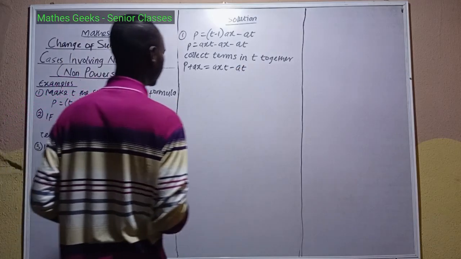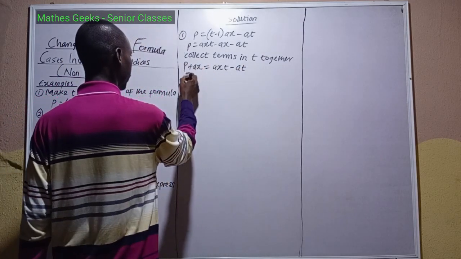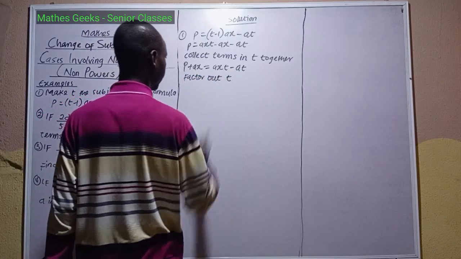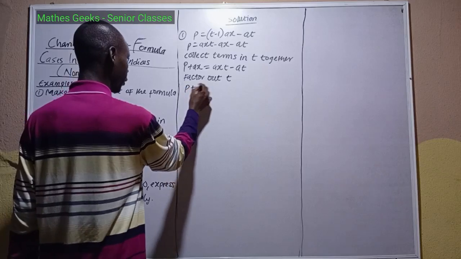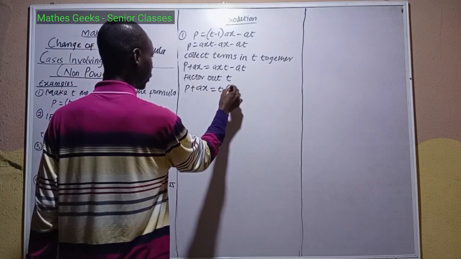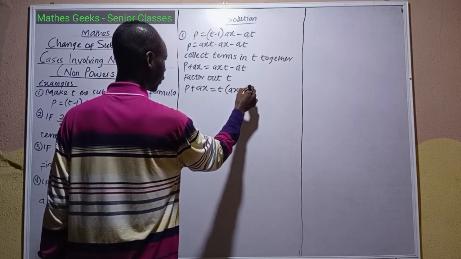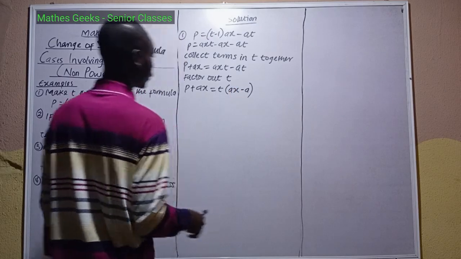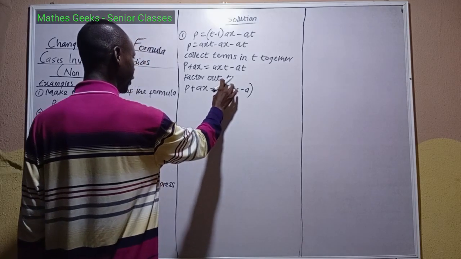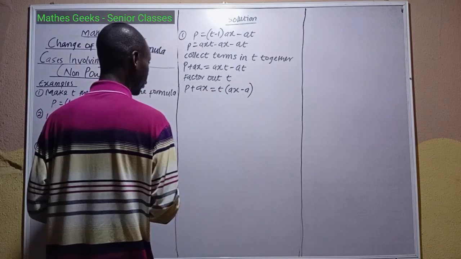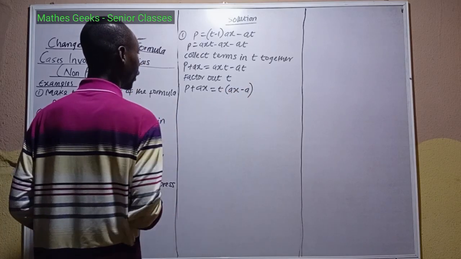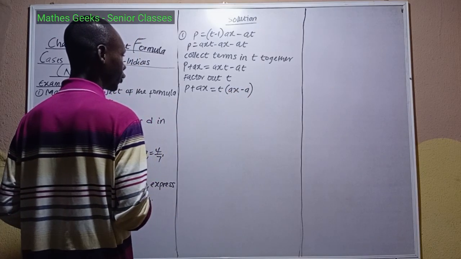So now that we have collected terms in T, next is to factor out T. P plus AX equals T times (AX minus A). Now that T is on its own, here it is factored out. We are able to eliminate AX minus A so that T stands on its own, and that makes it the subject of the formula.